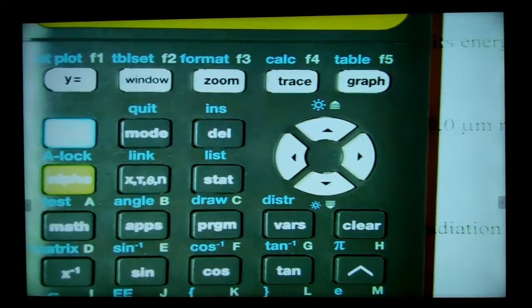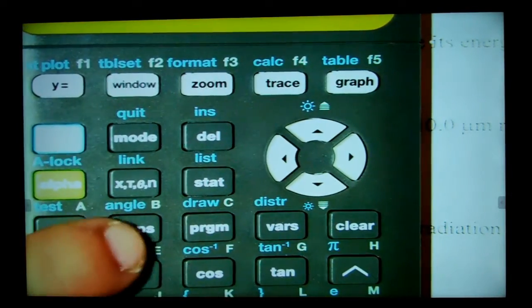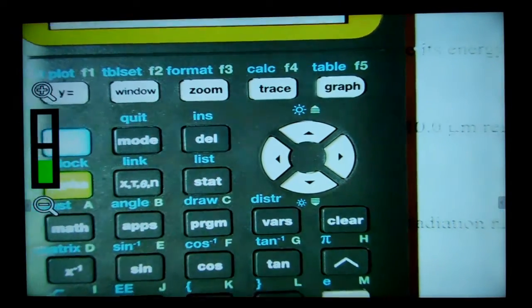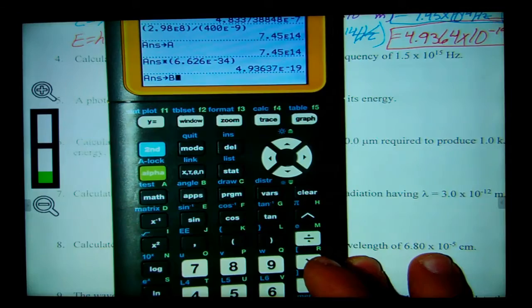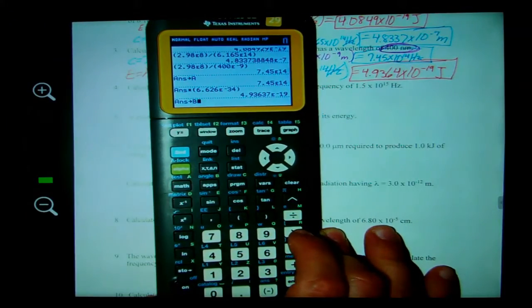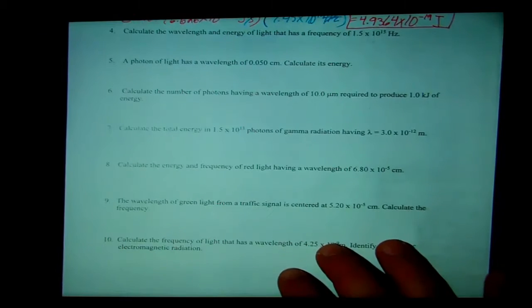So you see the green letters? A, B, C. If I want to use B, I'd hit the apps button, and you see it hit B for me. I like to use that because it saves all the data because I care about my accuracy and precision. Any questions there?